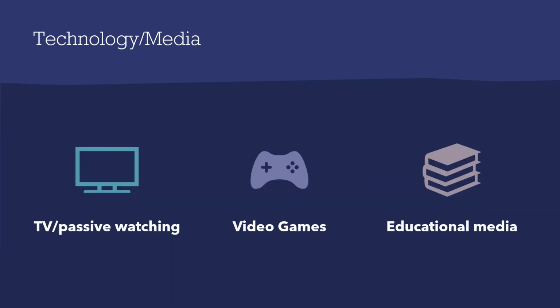All right, like I said, we'll talk a little bit more about technology next time, but I just wanted to briefly mention that in general, there's a lot of controversy about media and the effect it has on the child's cognitive development and social development, etc. In general, anything that's very passive, if a child's spending a lot of time just sitting and watching TV or Netflix or YouTube or whatever, and they're not doing anything to interact, then that can be detrimental to their cognitive development.